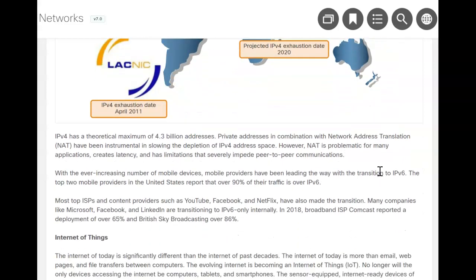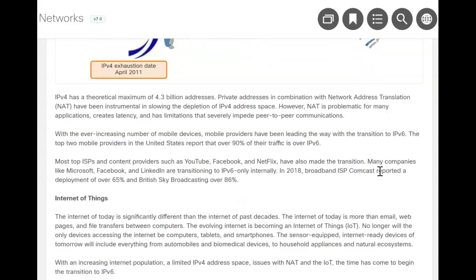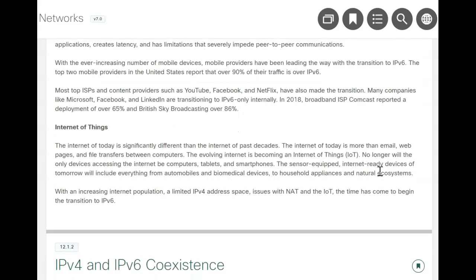And granted, as we learned a week or two ago, network address translation had definitely extended the life of IPv4, giving you public and private addressing. But even network address translation is problematic and does cause its own little set of headaches. But just knowing that the addresses are running out, we want to get rid of network address translation with the advent of Internet of Things.